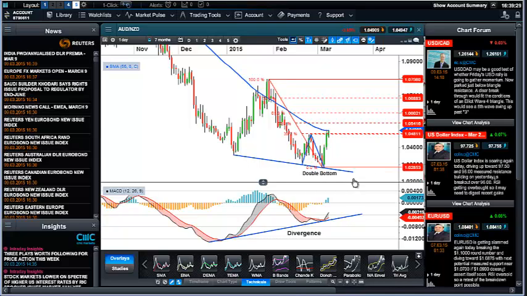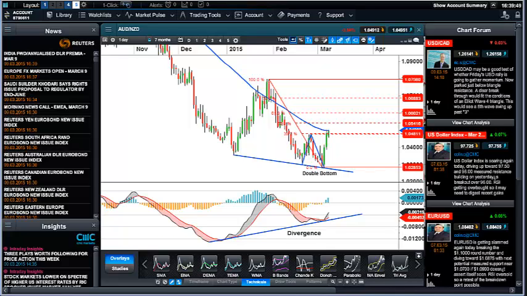So that's indicating that momentum is falling in the chart. This is what the MACD indicates. So we've got falling momentum while price is still just struggling a little bit lower, and often that's telling us that the market is setting up for some sort of a trend change.